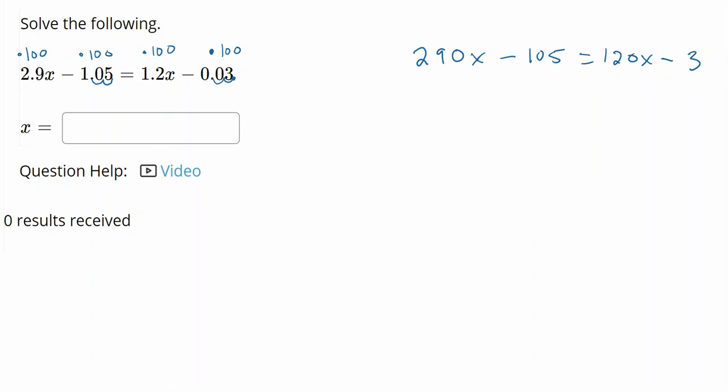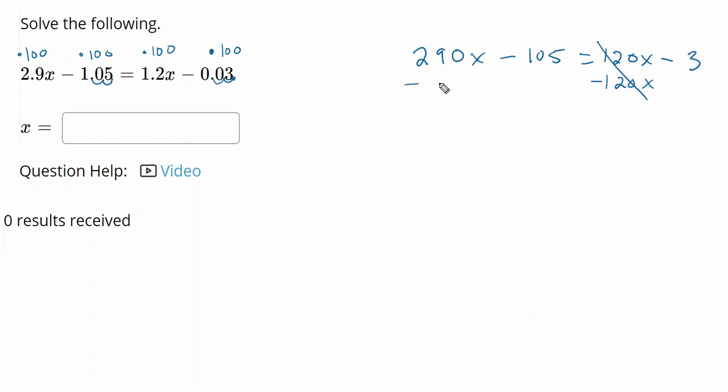Okay, let's get x on the same side again. Let's do the same thing we did last time. I could either move this one over there, or move this x term over there. It doesn't matter which one. I'm going to move the 120x to the other side, so I'm going to subtract 120x from both sides. Those cancel.